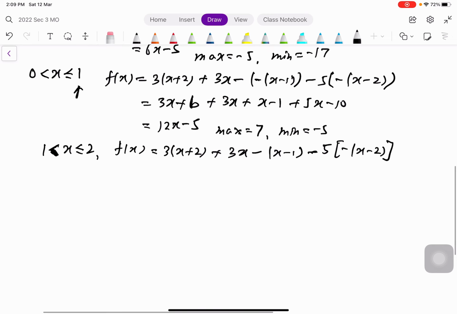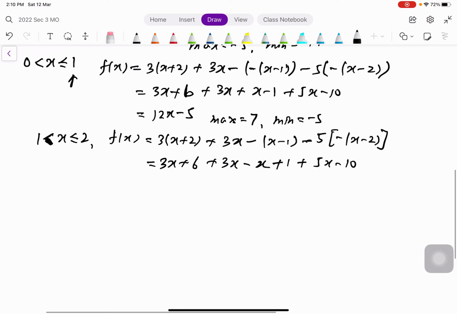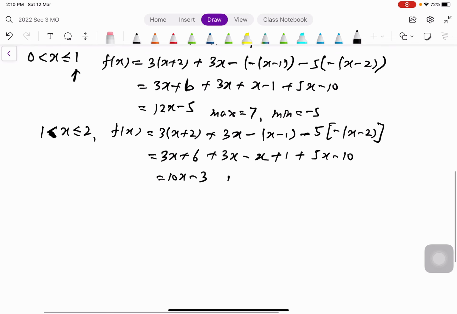Can you see that this will be 3x plus 6 plus 3x minus x plus 1, and then plus 5x minus 10. What you get here is 10x minus 3. What is the maximum? The maximum occurs when x is equal to 2. Therefore the maximum is actually 17 and the minimum is actually equal to 7.